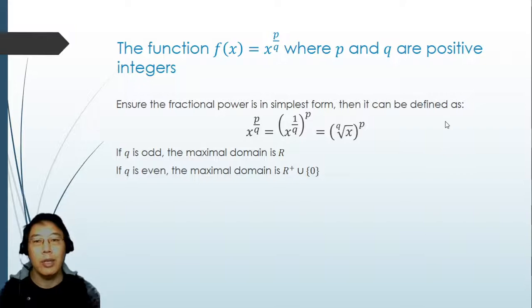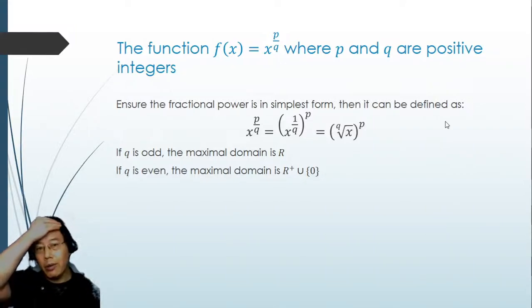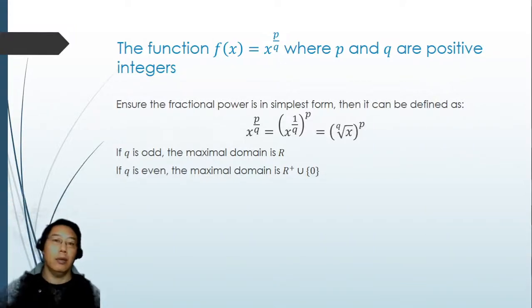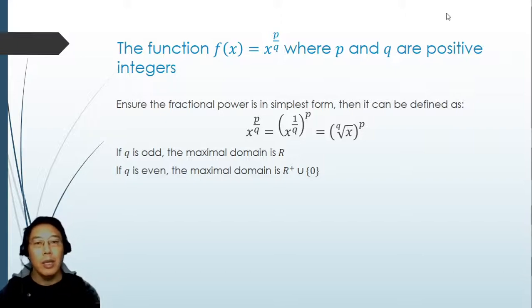Now let's look at a function that will combine a fractional power with a numerator and a denominator. When they are both positive integers, another way to rewrite this is in root power form. So separate the numerator and the denominator in the fraction.